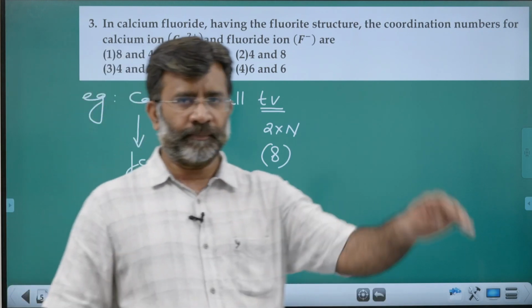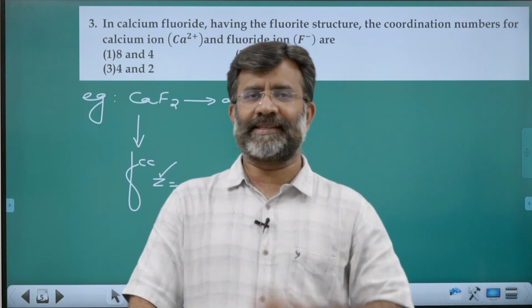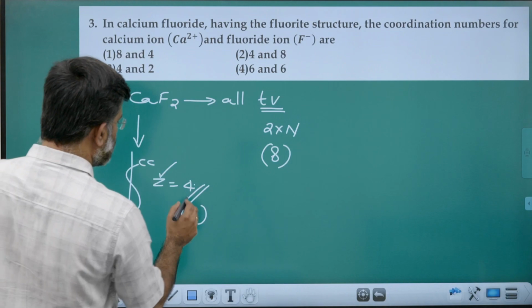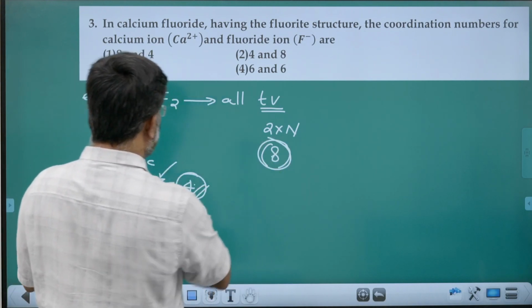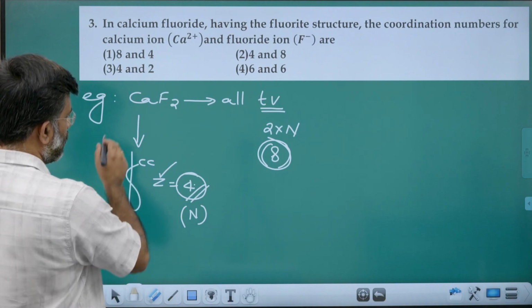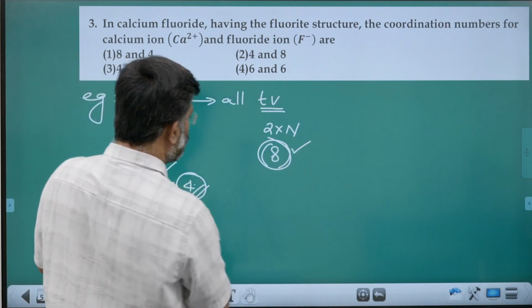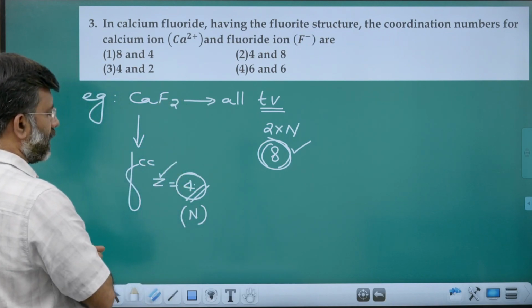So, calcium 4, fluorine 8. That is the character. There are 4 calcium and 8 fluorine. Now you see each calcium surrounded by 8 fluorine and each fluorine surrounded by 4 calcium.